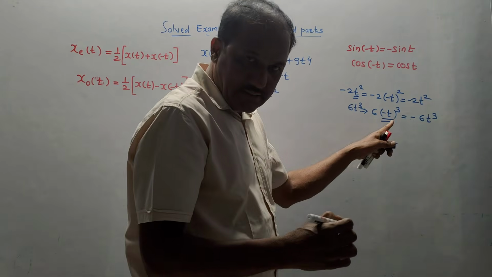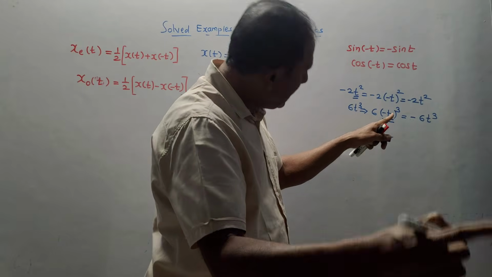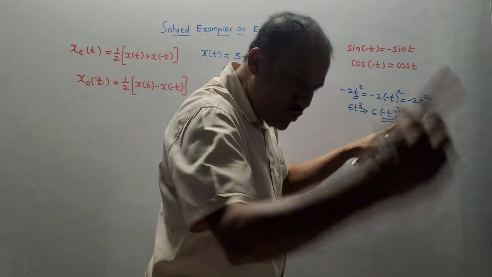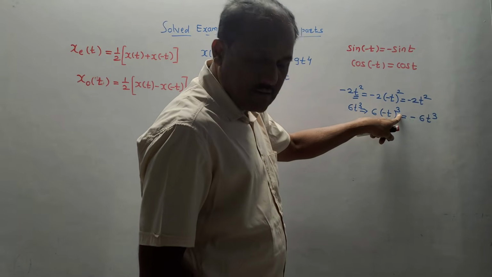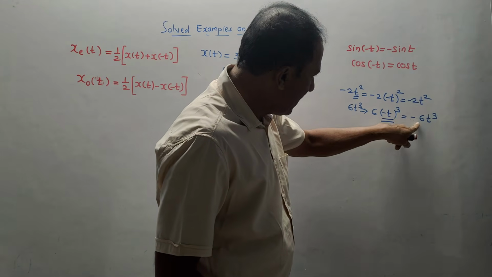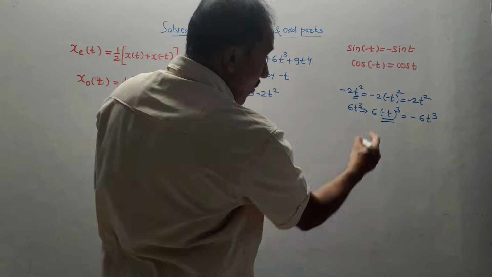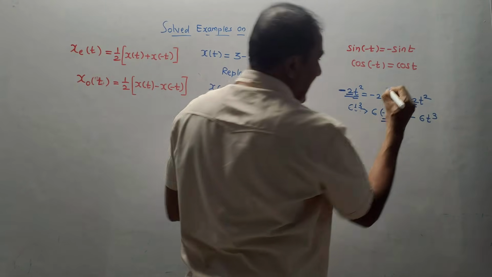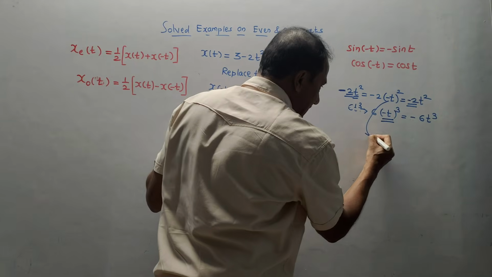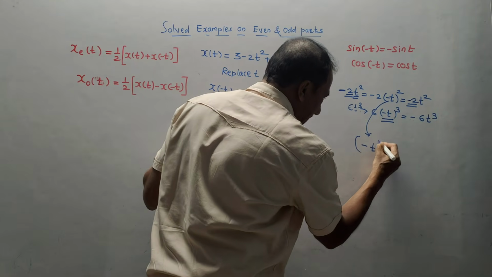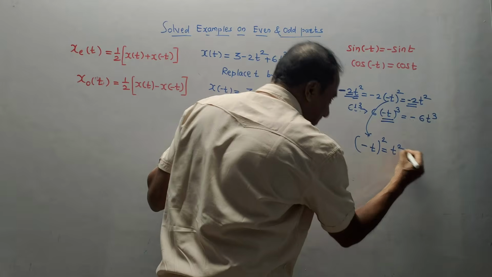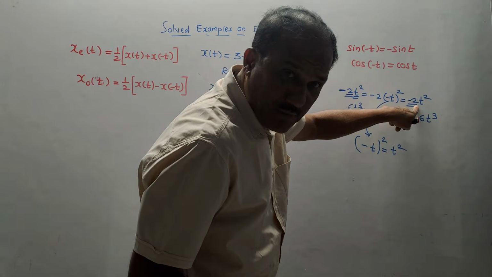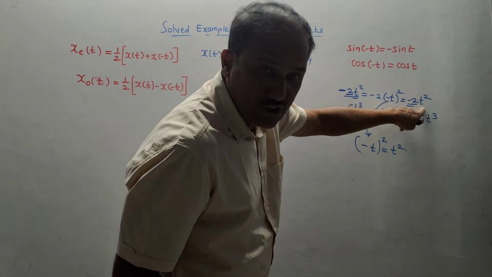What I said, minus t bracket raised to 3 is the same as minus t cube. Because the power is odd, it becomes minus 6t cube. Why is this minus 2? Because this coefficient itself is minus 2, so it remains as it is. Actually, this term minus t bracket square is plus t square, but it is getting multiplied with minus 2, so the resultant value is minus 2t square.